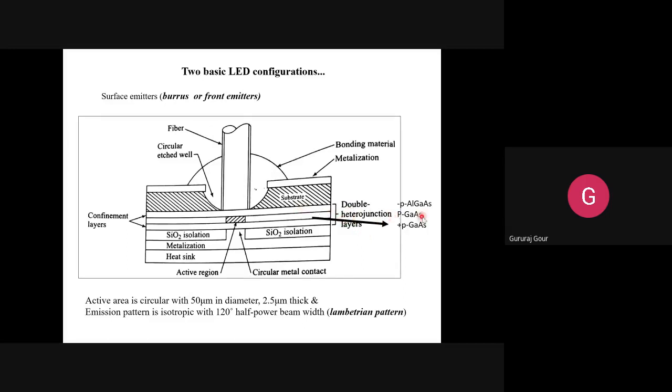This layer is an N layer made up of aluminum gallium arsenide. The middle layer is a P layer, small p, not capital, made up of gallium arsenide, and the P plus layer is made up of aluminum gallium arsenide.